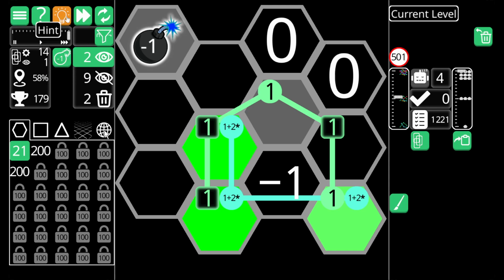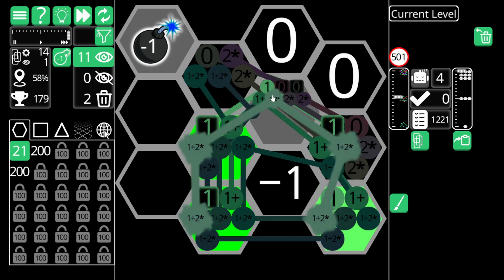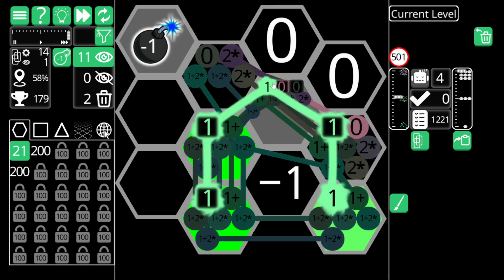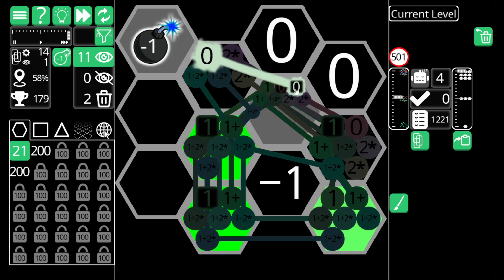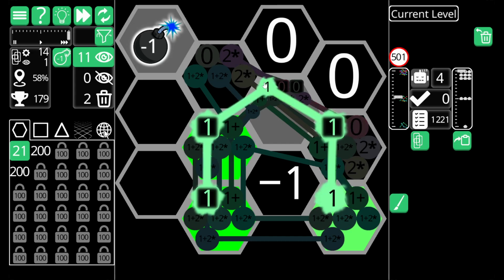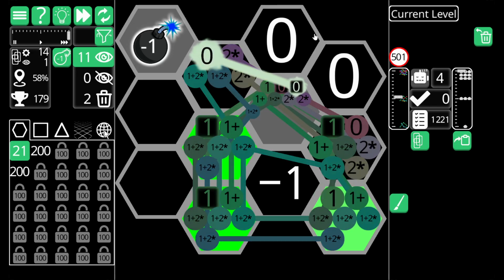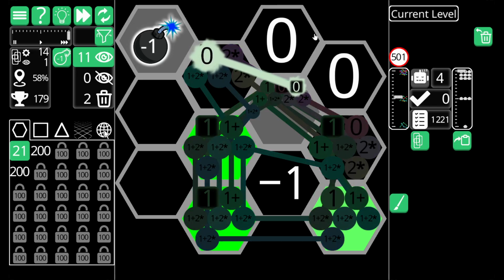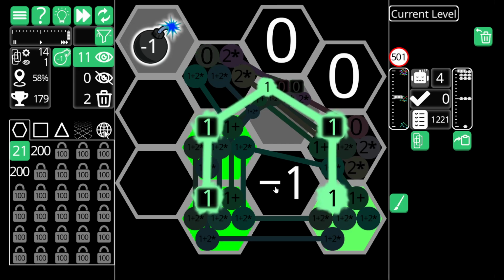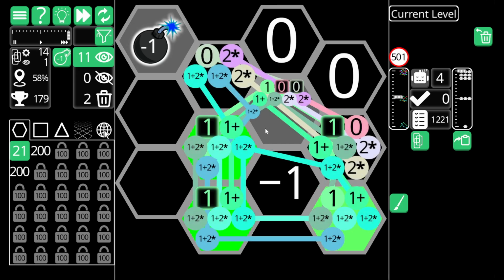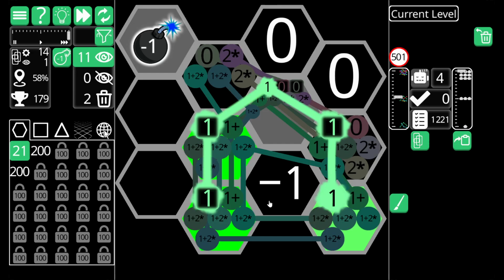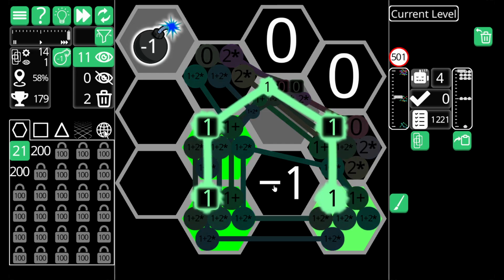It means that you can now have overlaps of regions where the two different regions view a single cell differently. Right? For the purposes of approaching this -1, this cell counts as a positive mine, in a way, because it's a negative mine, and that's what this -1 wants. Interesting.